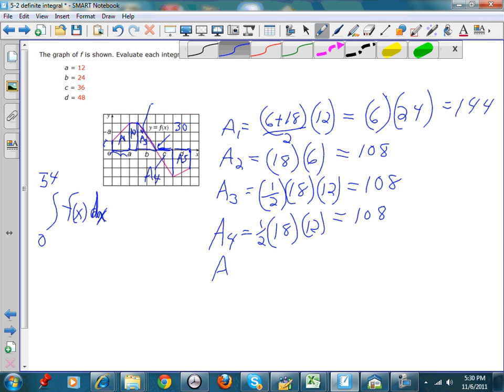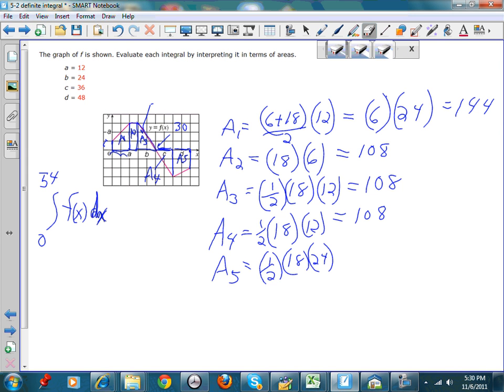First, A5 is equal to the same trapezoid. Let's see, it's 18, it's 1/2. Oh no, I take that back. That's not going to be the answer because A5 is a little bigger than A1. It's going to be 18 times 24. Uh-oh, sorry, that's wrong.